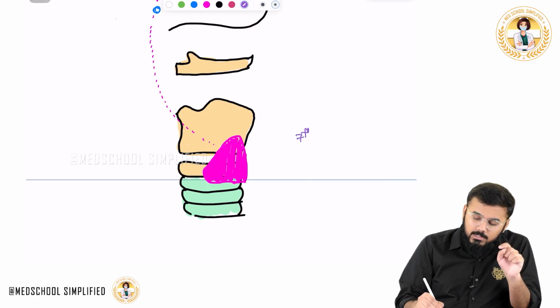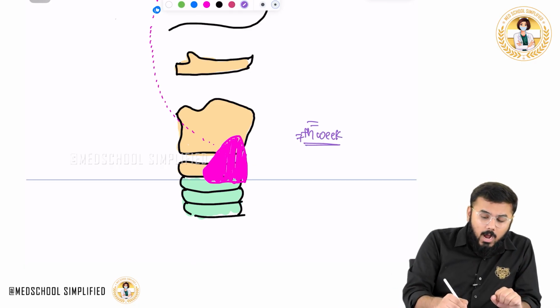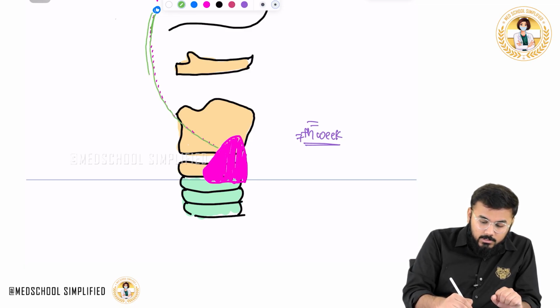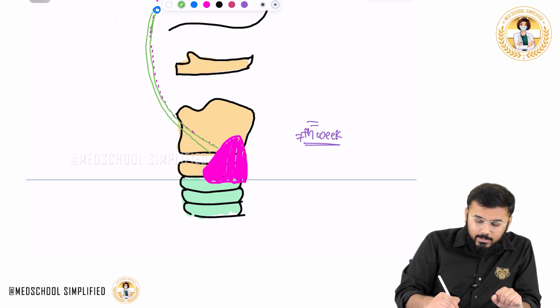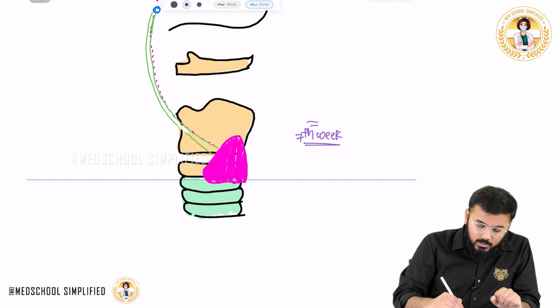It will come by the 7th week. And the second important thing is that connecting all the way from the foramen cecum to the thyroid gland, you see a duct here.